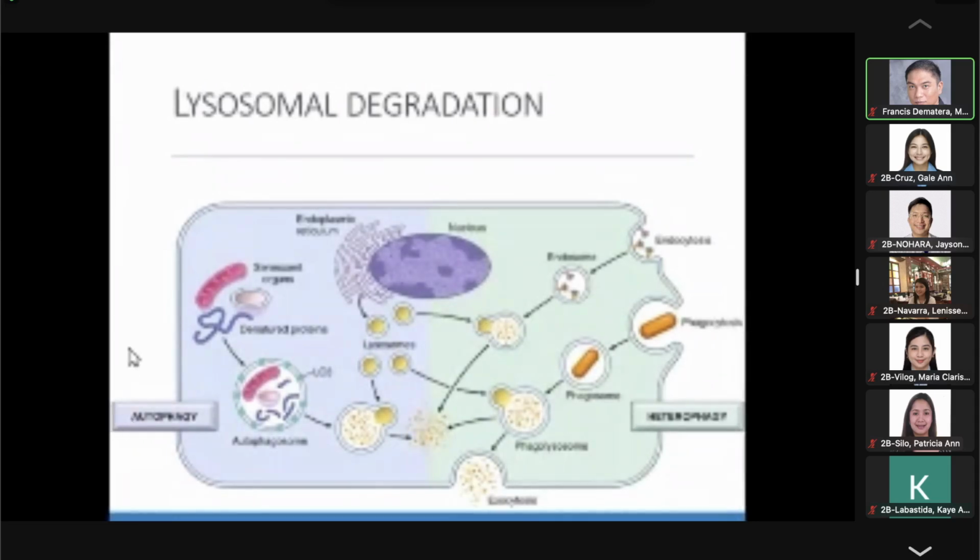In autophagy, the organelles are surrounded by a membrane from the endoplasmic reticulum, and this fuses with lysosomes. This is used to preserve cell viability during nutrient depletion or starvation. And phagocytosis occurs primarily in macrophages or neutrophils, and the phagosome fuses with the lysosome.